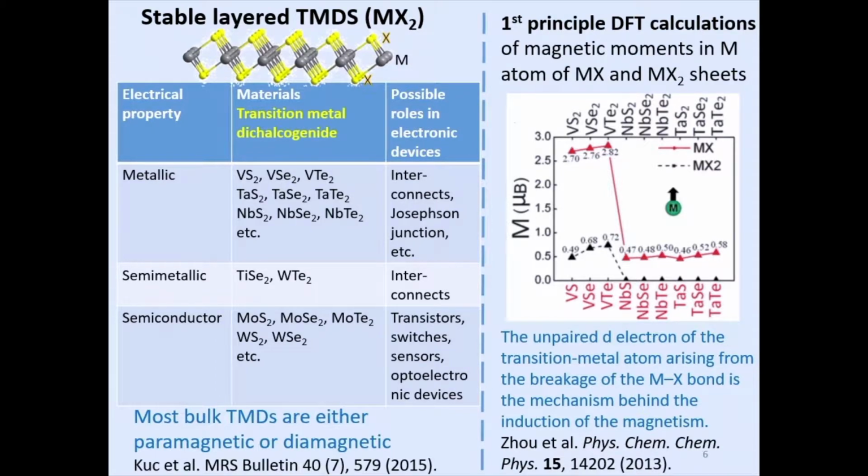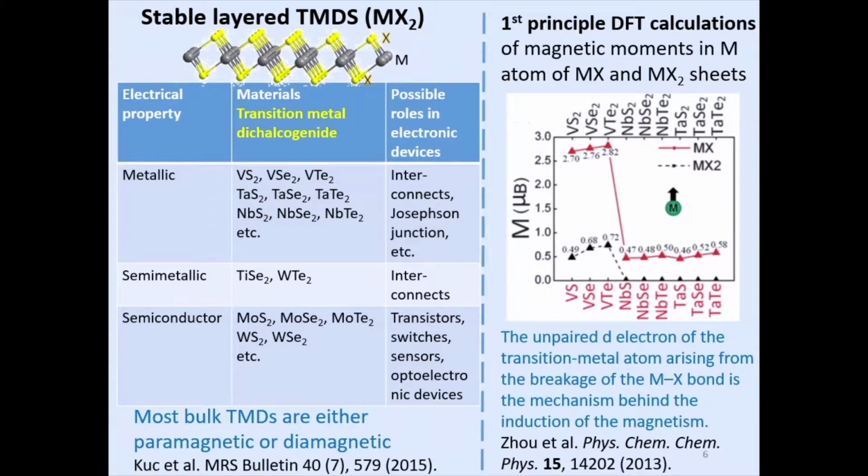The reason they have magnetic spin is because of the unpaired d electrons in the transition metal, in this case vanadium. When you break the transition metal and the sulfur or selenium bond, this unpaired d electron gives that extra spin.